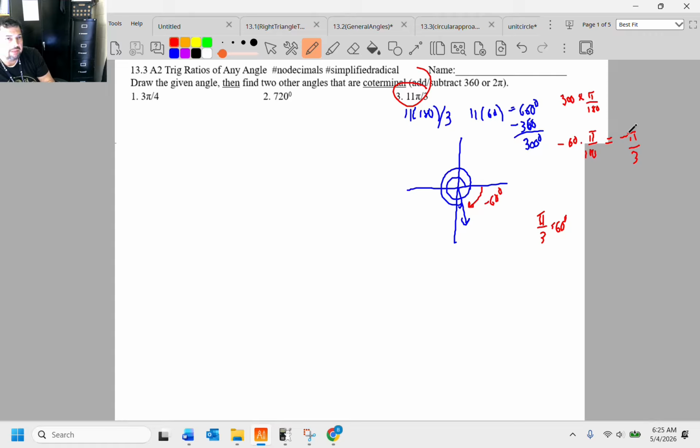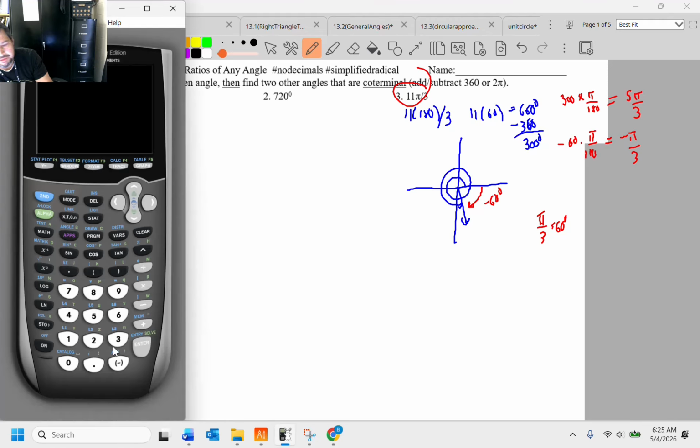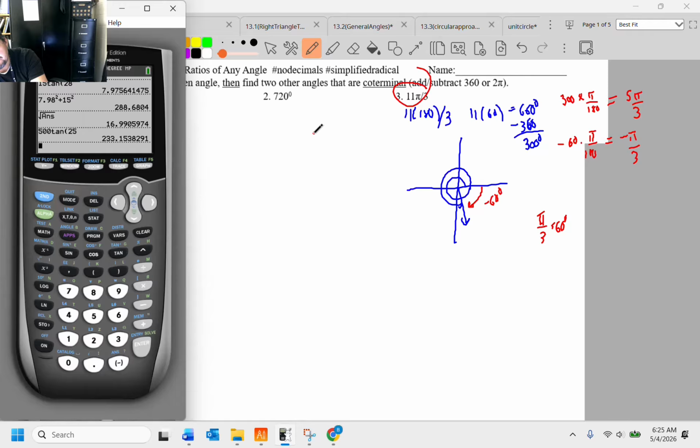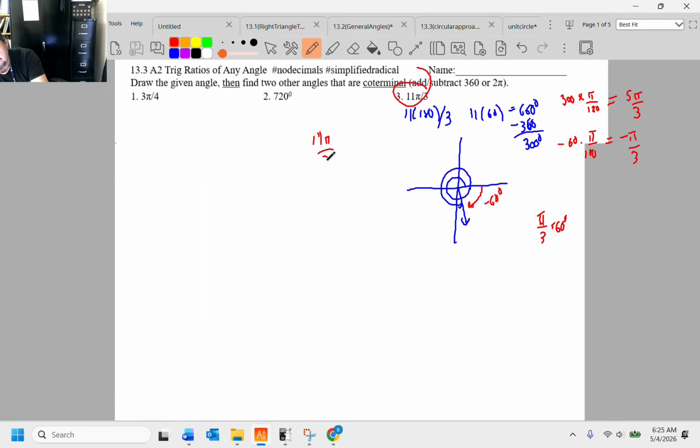300 is on your unit circle, I feel like it is, isn't it? It takes 5 60s. So 5 pi over 3. And there's two coterminal angles. Something else you could have done here: when you do a coterminal angle with pi rads, what you do is you add or subtract 2 pi.